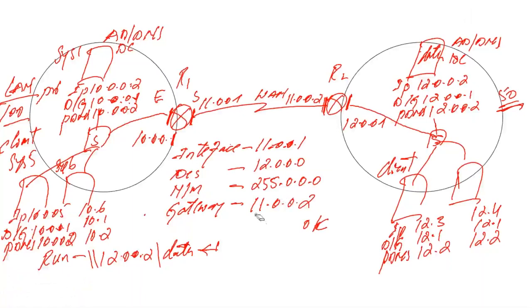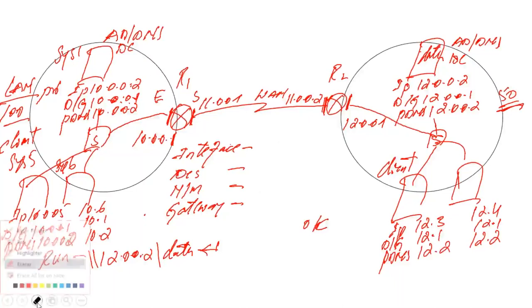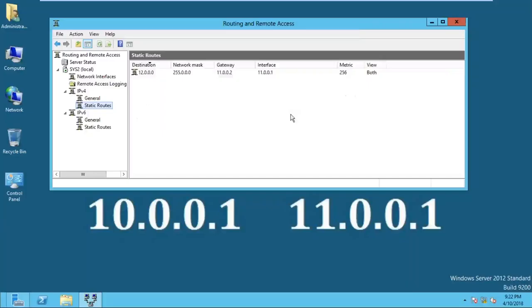So please write down our next lab: creating static route table in system 3 router 2.